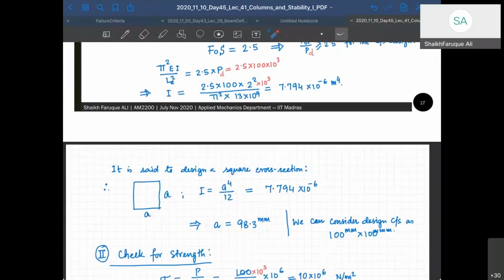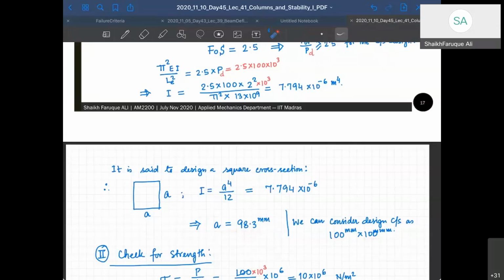A higher value will give me less stress, and it is also a bigger area, so it will have a bigger I. Therefore, the requirement of PCR will be higher in that case, right? So a higher value of cross section is better, so I'll go for a higher value instead of 98. You cannot design 98.3 exactly, but 100 mm can be designed. So I'm taking 100 mm by 100 mm as my cross sectional area for the first load.